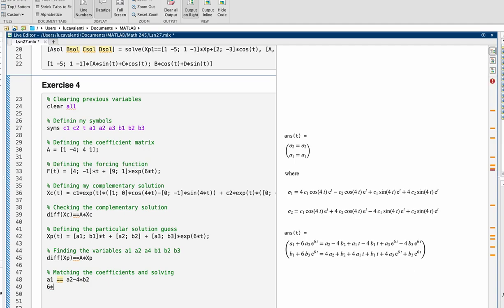That is 6 times a3, and that has to be equal to a3 here minus 4 times b3 right here. Now we're going to look at the coefficients of the t. There's nothing here, so I'll just say 0 is equal to a1, that's the coefficient of this t, minus 4 times b1. Remember, we're just grouping here, and these are my first 3.